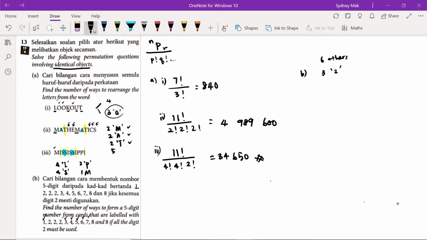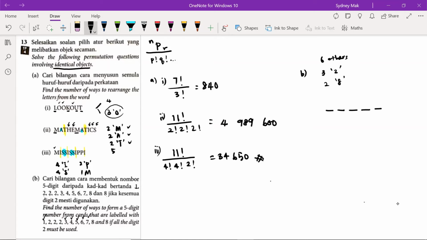And then for 8, we have 2 eights. Now this time we don't arrange all, we arrange part of it, so there are some conditions. I will use the fill in the slot method: 1, 2, 3, 4, 5.